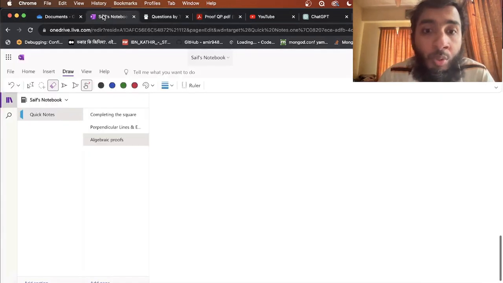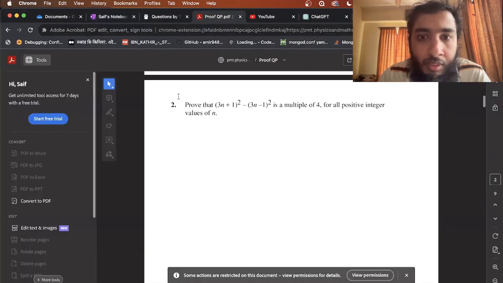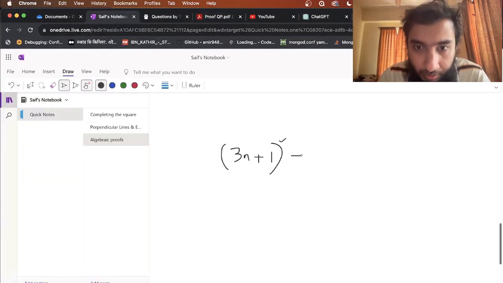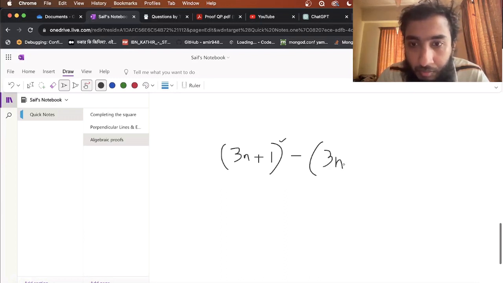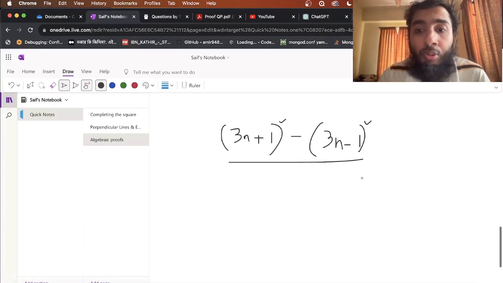So if I go to the notebook and use my pen tool, let's write (3n plus 1) whole square minus (3n minus 1) whole square. So you have to show that this expression is a multiple of 4 for all positive values of n.